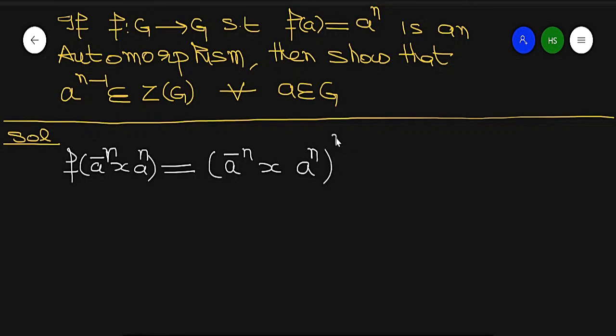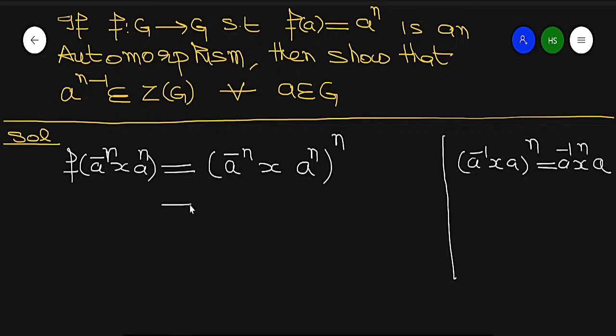We proved one result in the previous chapter: (a inverse x a) raised to power n can be written as a inverse x raised to power n into a. So this becomes a to the minus n, x to the power n, a to the power n.